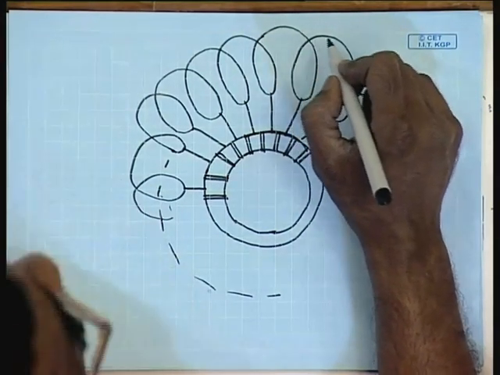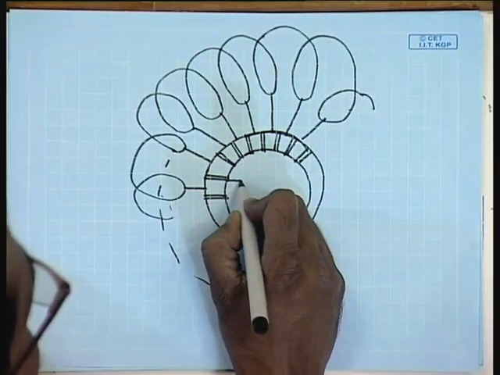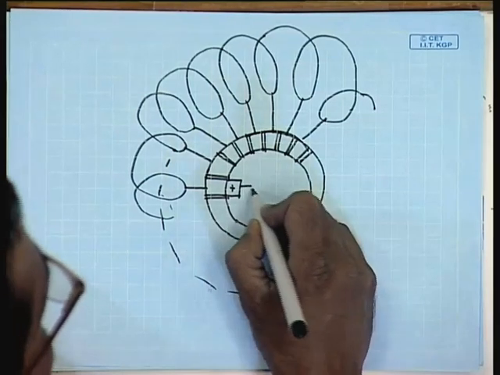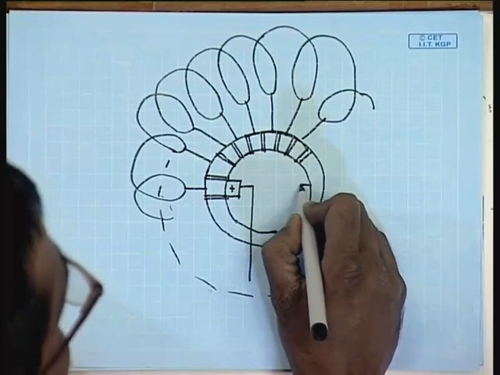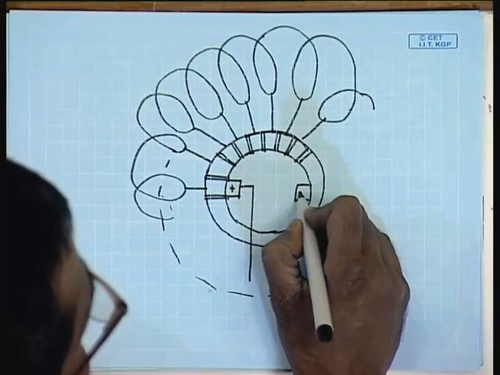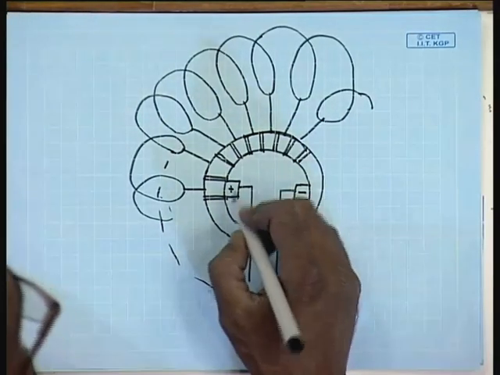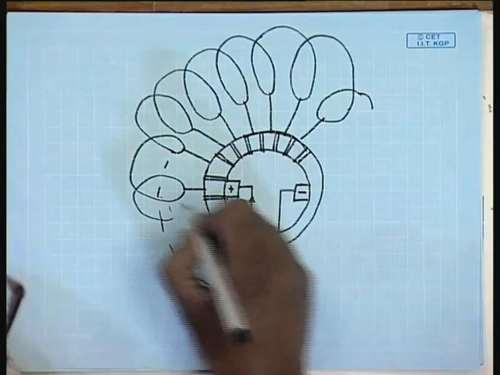How does the commutation process take place? Commutation takes place when one of these commutator segments is connected to the positive bus or positive brush, and another is connected to the negative brush. So, at any instant, let us say current is flowing in this direction.